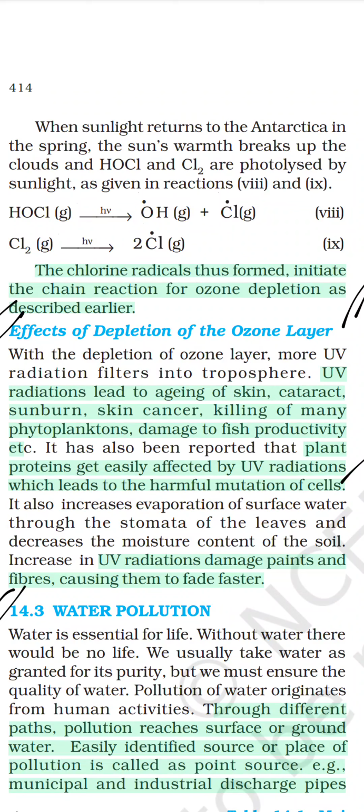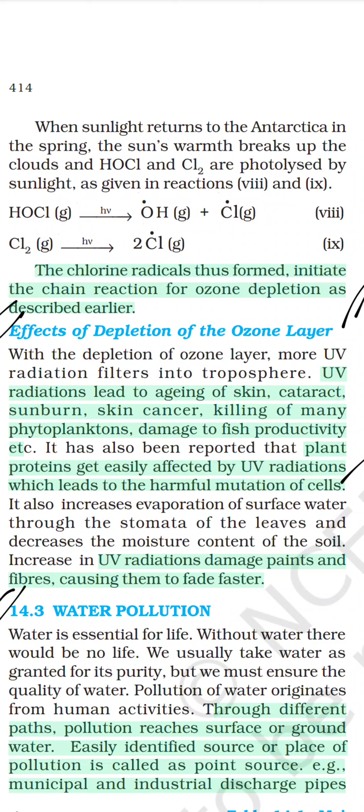HOCl gas gives OH gas plus Cl gas. 8th reaction. Cl2 gas gives 2Cl gas. 9th reaction. The chlorine radicals thus formed initiate the chain reaction for ozone depletion as described earlier.